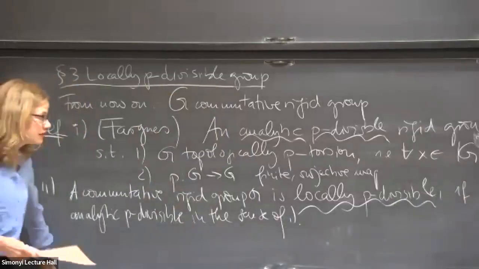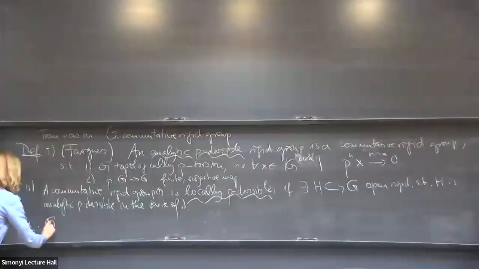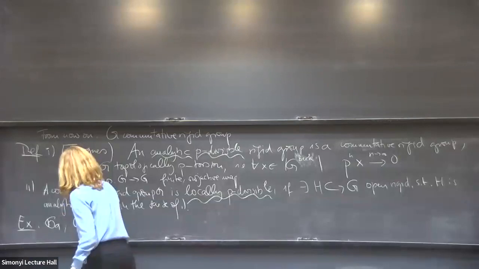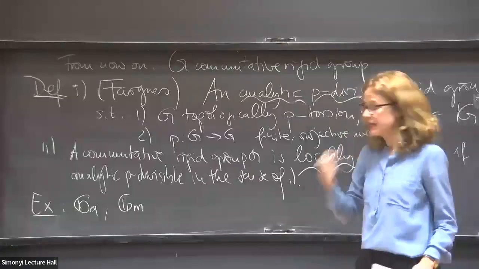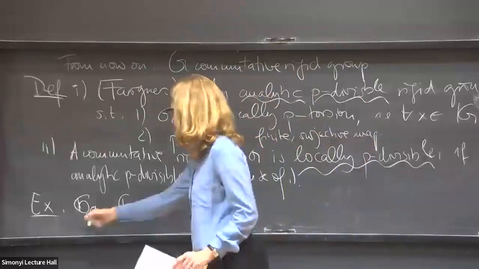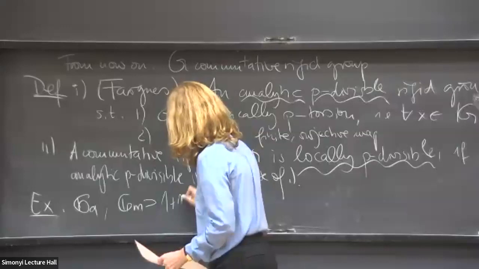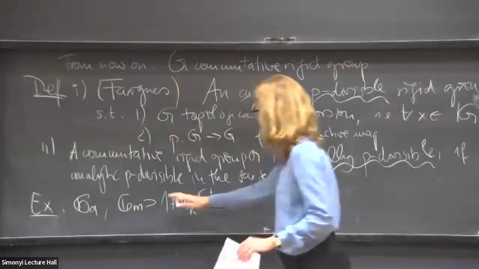Yeah, examples. G_a is locally p-divisible and G_m is locally p-divisible. Here, topological torsion is no problem. Here I have to go to the subset. I will write it like this.